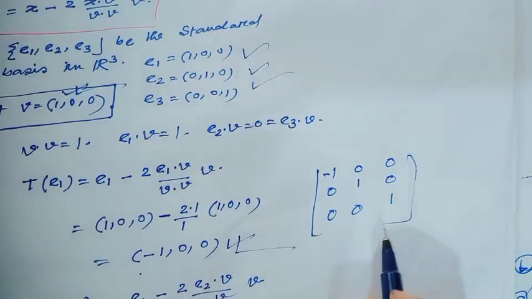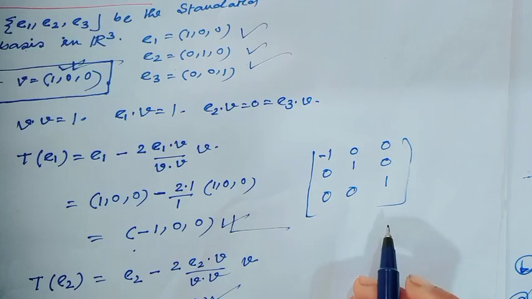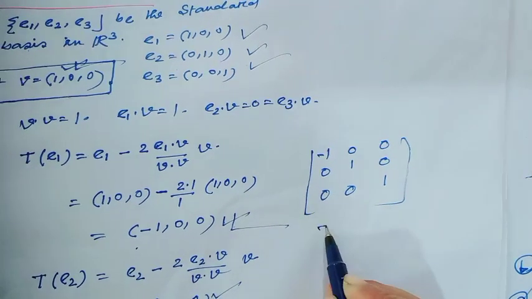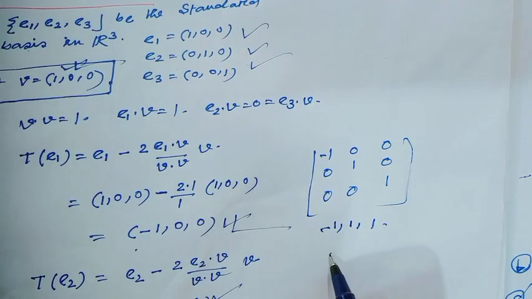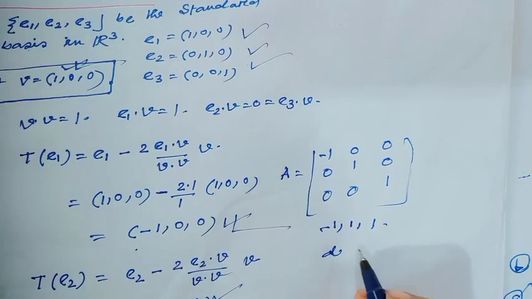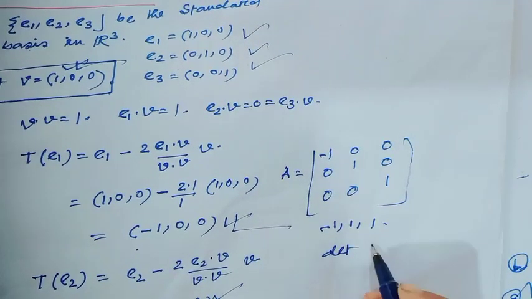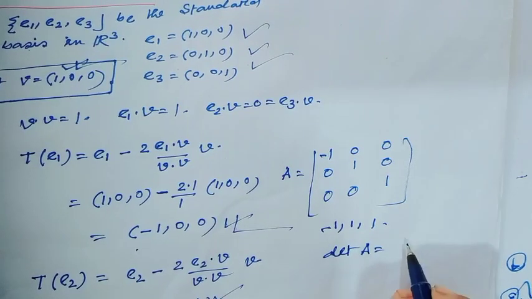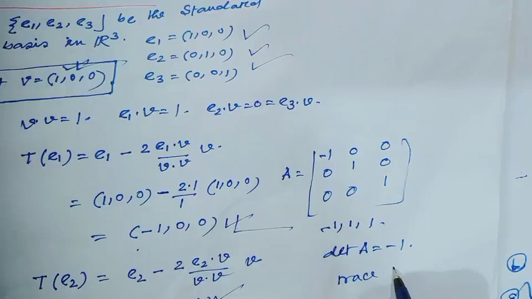By this matrix representation we can tell the eigenvalues of this linear transformation. Obviously the eigenvalues are minus 1, 1, 1. If we consider this matrix as A, the determinant of A is obviously minus 1 and the trace is 1.